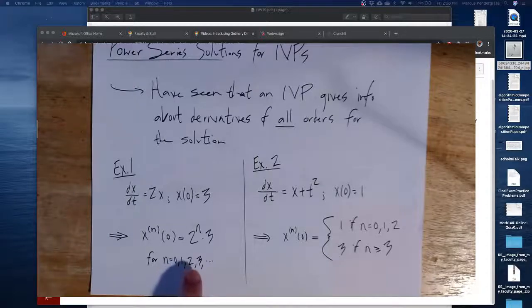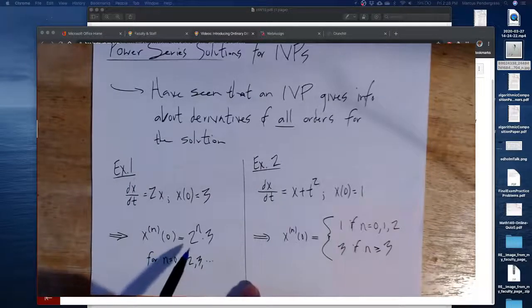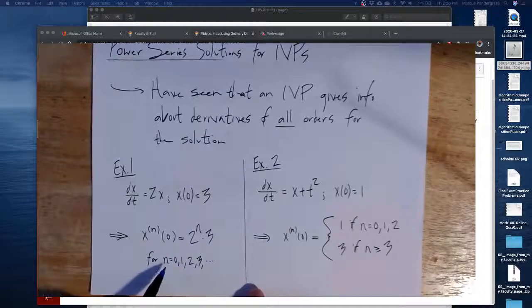And in the second video posted on the page back there, we saw that this implied we were able to determine that the nth derivative at 0 of the solution has to be 2 to the n times 3. And this is true for any non-negative integer n.